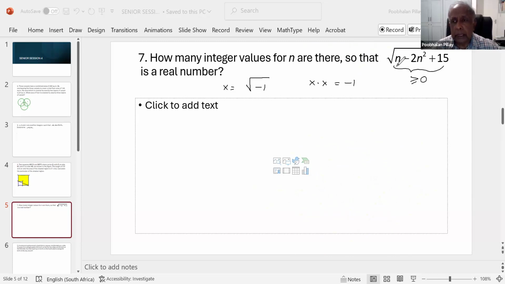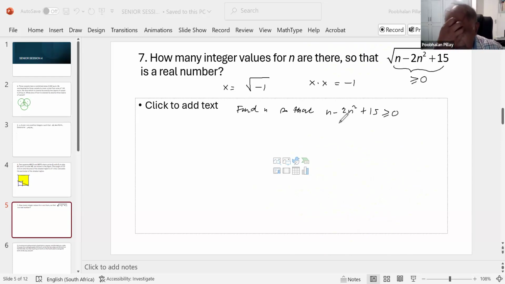To get to the answer to the question, you're asking: for which values of n, find n so that this quantity n minus 2n squared plus 15 is greater than or equal to 0. Now you do this in school.